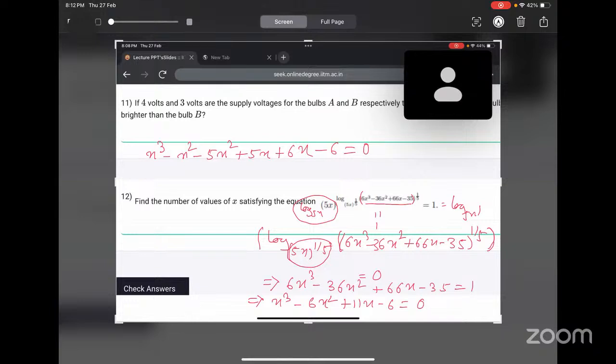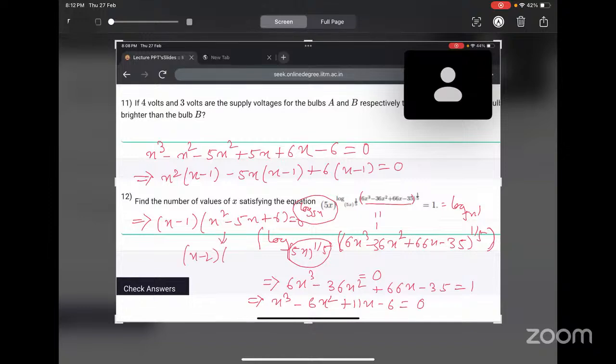Then x square we can take common, we will get x minus 1. Minus 5x we can take common, again we will get x minus 1. Plus 6 common. Then x minus 1 into x square minus 5x plus 6 equals 0. And this will give us x minus 2 and x minus 3.